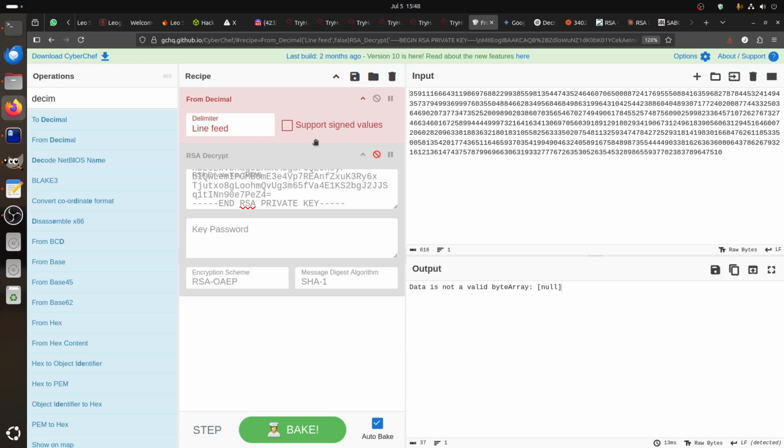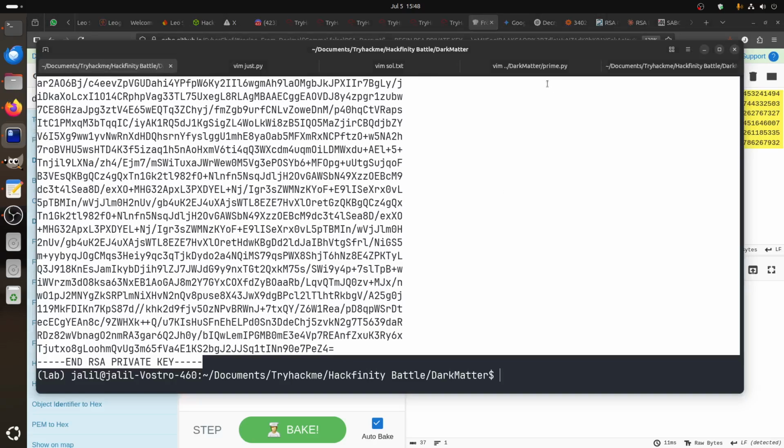It's in red: data is not a valid byte array. I thought we could do it. It's not space, not comma, it doesn't have it. You see, that's my problem with it. Even From Decimal, because this is decimal, I need to convert it to hex. The problem is I'm having trouble with it. I was playing around with it.